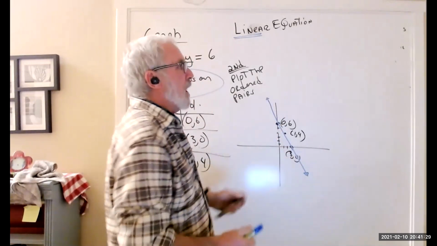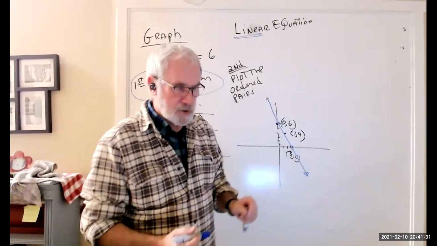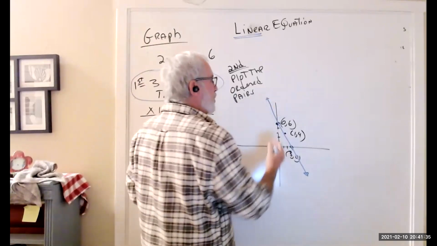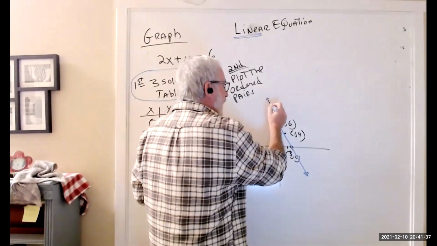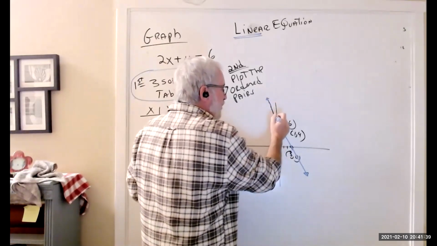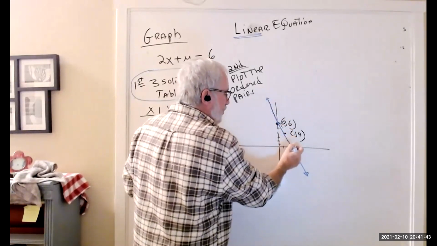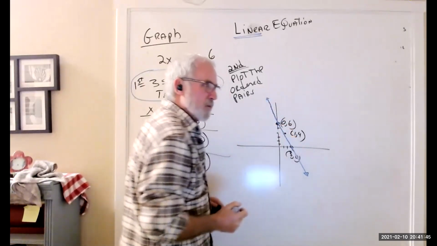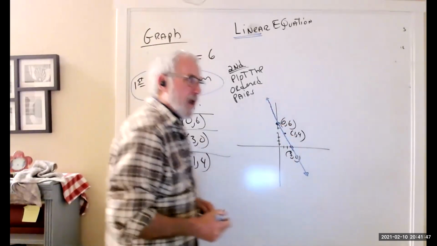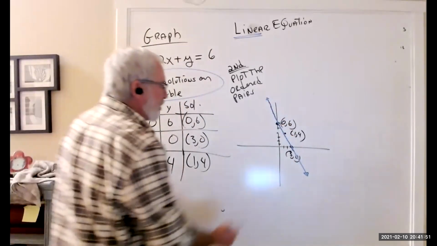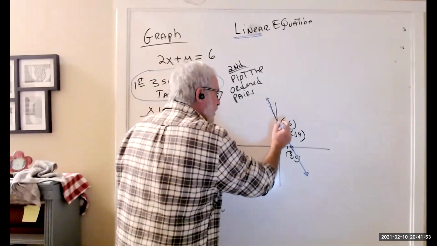Okay. Why? Well, if you took your microscope and you zoomed in on this, you would see that this line actually is an infinite number of little dots, ordered pairs. An infinite number. And if we did an infinite number of solutions here, they would all make this line.